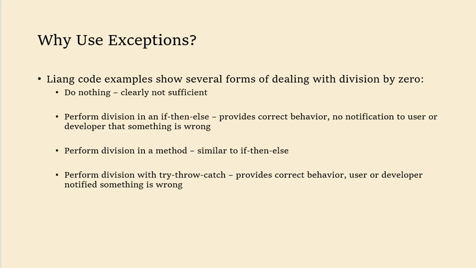The next example is to perform the division in a method, which is similar to the if then else, and then they perform the division with a try, throw, catch, and that allows you to have corrective behavior. Now, they don't do any corrective behavior in the example, they're just showing you the different forms and allow you to experiment with the different forms.